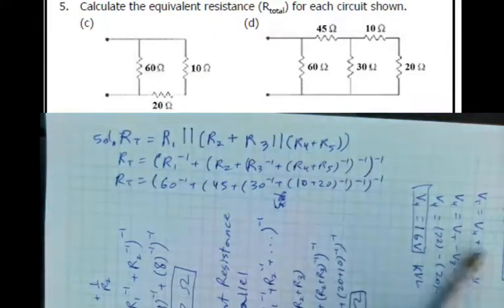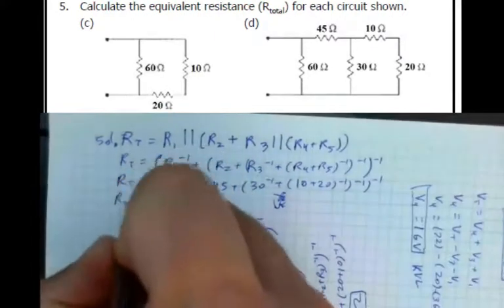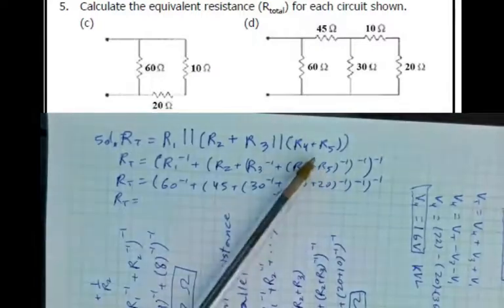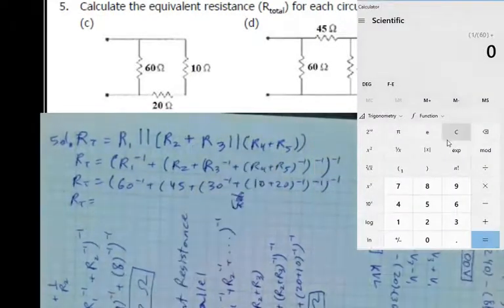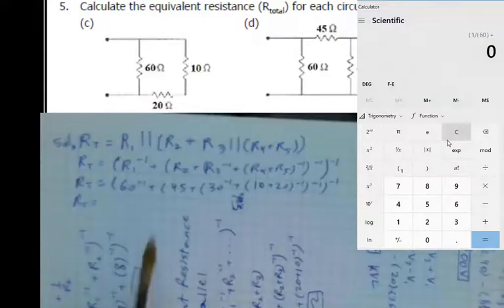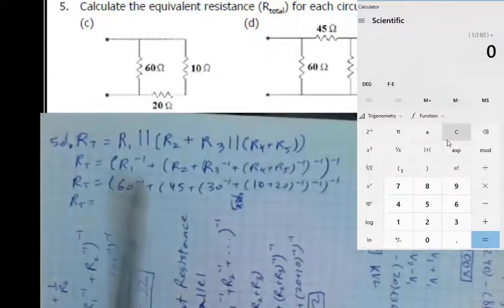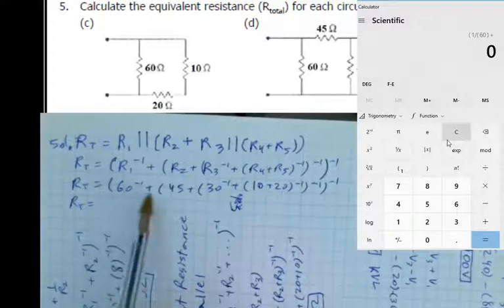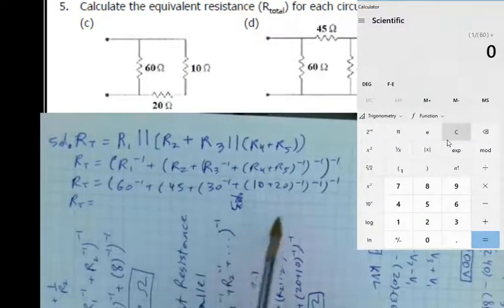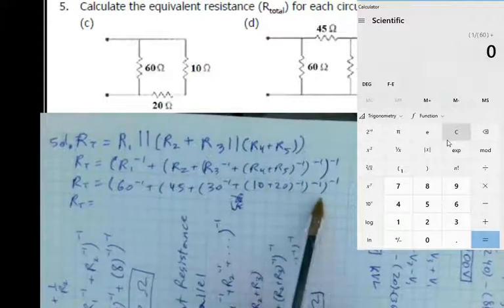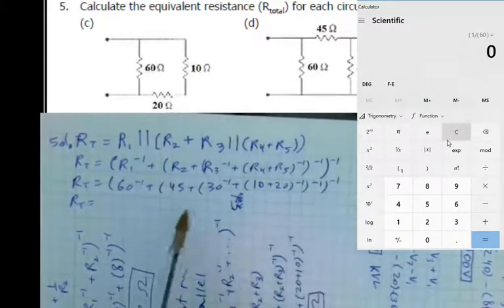So all of those reciprocals we'll be able to solve on our calculator. Just before we do the calculation, let's count our brackets to see if we're good here. So we have 1, 2, 3, 4 open brackets, 1, 2, 3 closed brackets. So a mistake was made here. Let's figure out what that is.